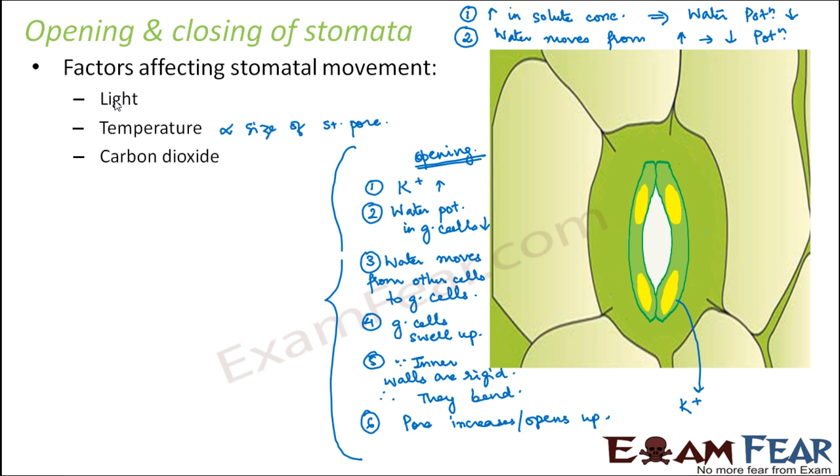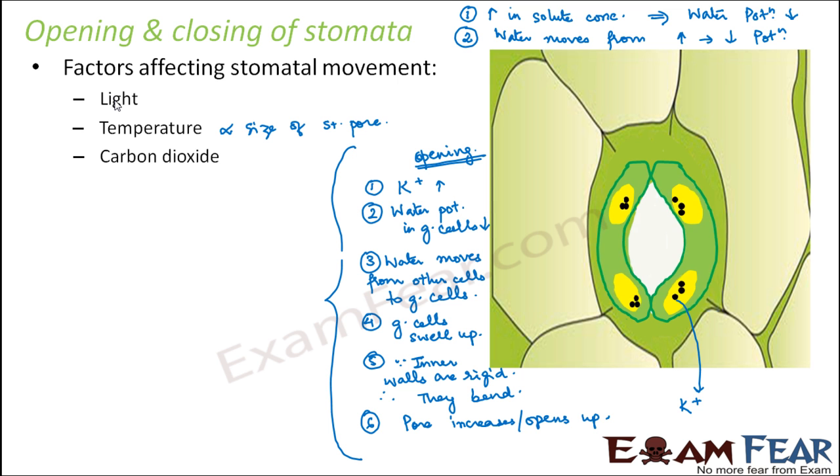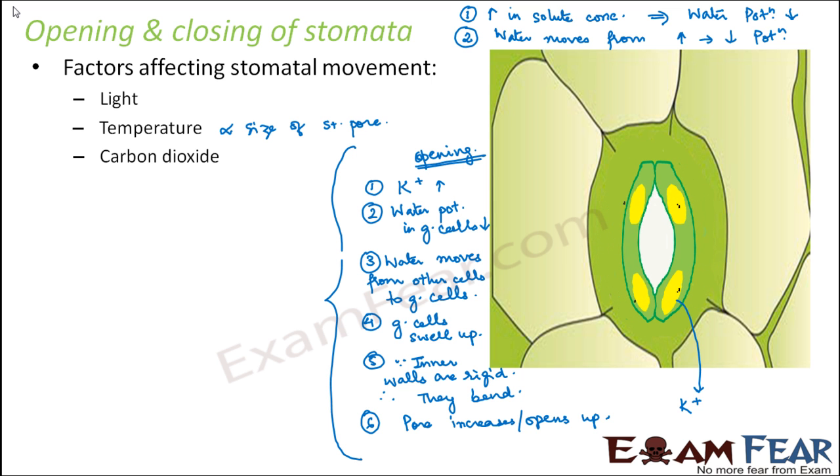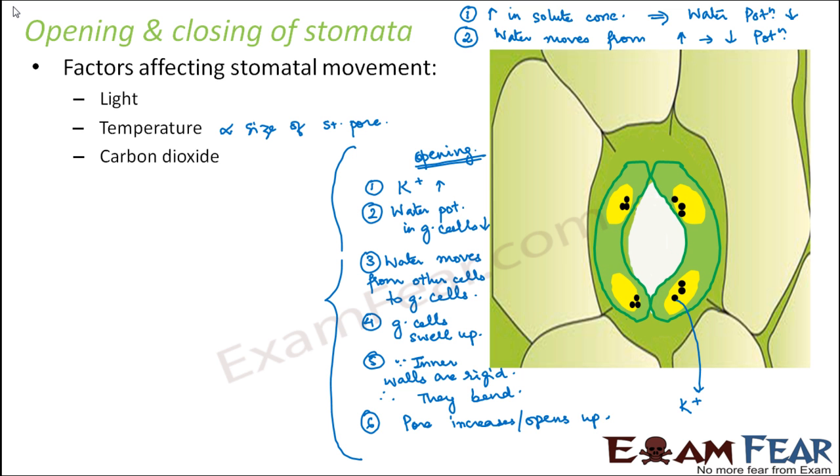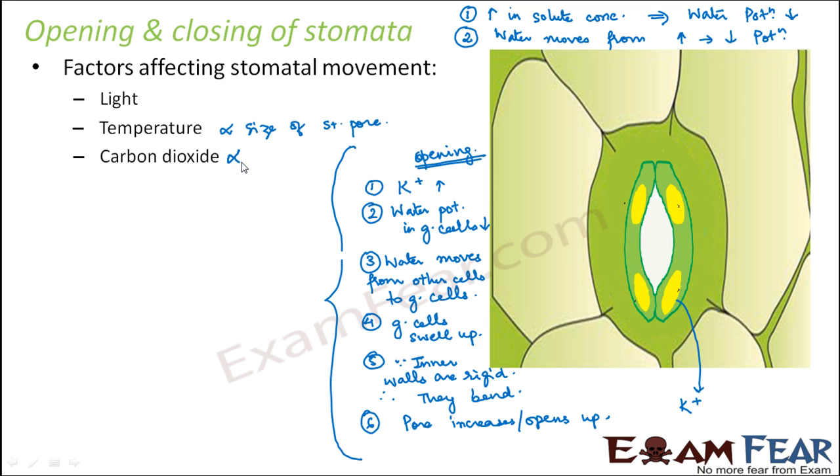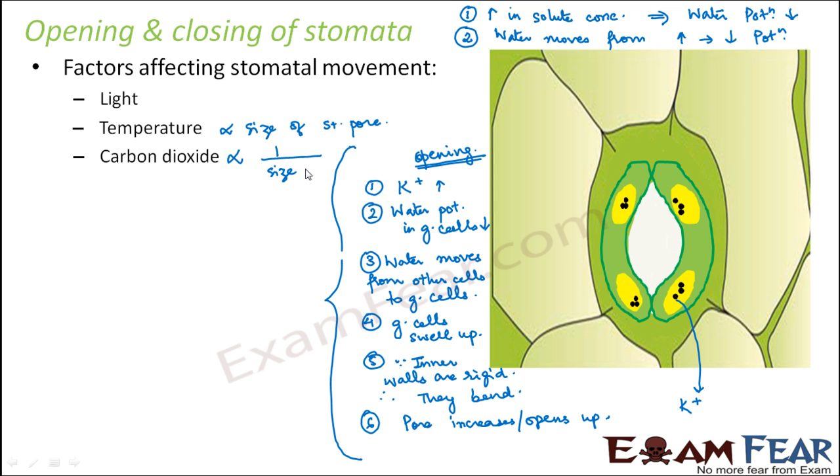The third factor is carbon dioxide. The concentration of carbon dioxide also affects the size of the stomatal pore. Here the carbon dioxide concentration is inversely proportional to the size of the stomatal pore.